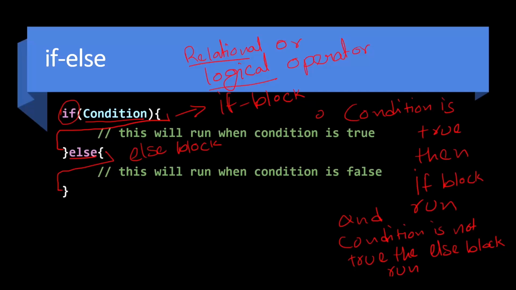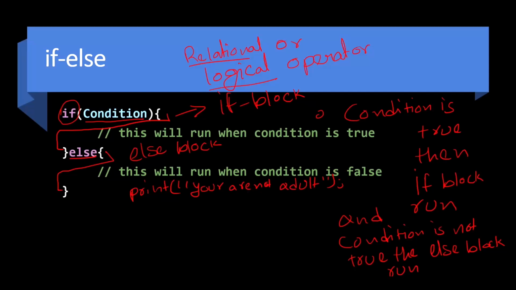Then you print "you are not adult", a similar kind of statement. This is called the else block. If the condition is not true and you want to show something to the user, then you use the else block.